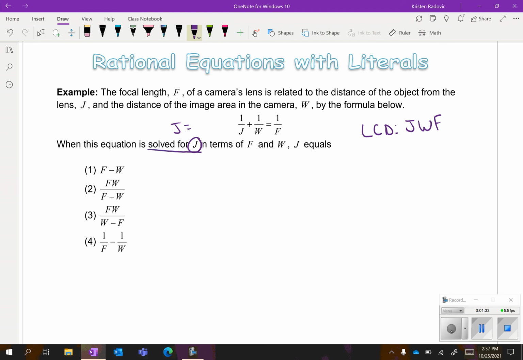That means when we have our equation, 1 over J plus 1 over W equals 1 over F, we are going to want to multiply each fraction by what's missing. So your first fraction has J in the denominator, but it's missing the W and the F. So I'm going to multiply by FW.